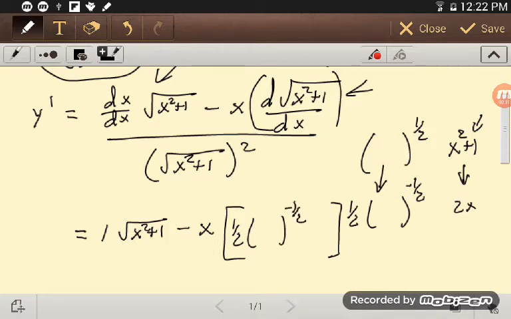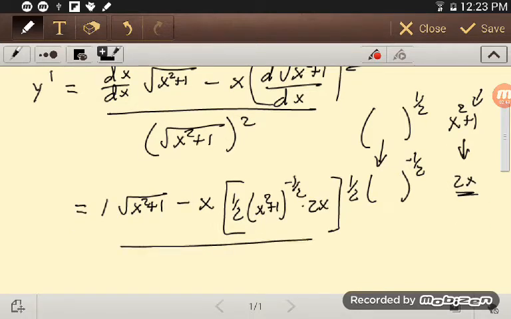Now be careful here. Remember that square root was the 1/2, so this is just x squared plus 1 and then times our 2x that we had over here. And then all divided by, well, a square root squared, we just get rid of the square root, and so I get x squared plus 1.